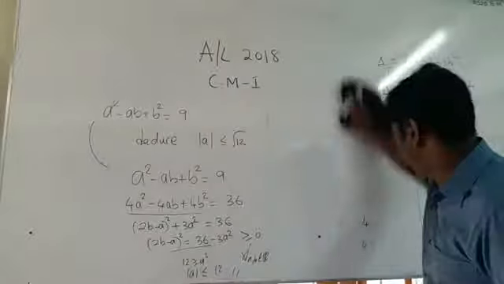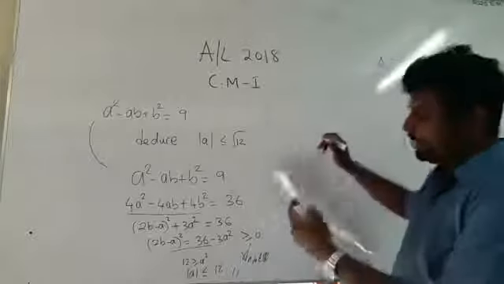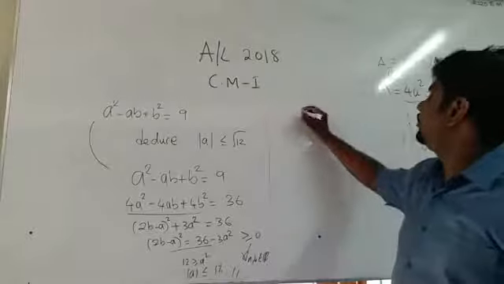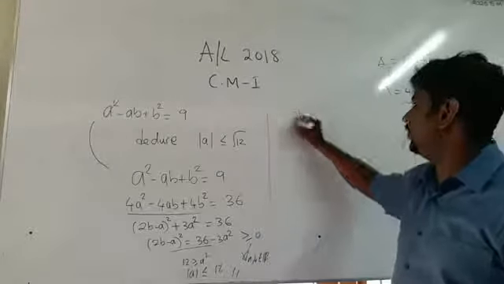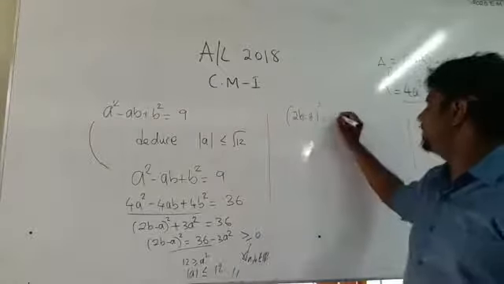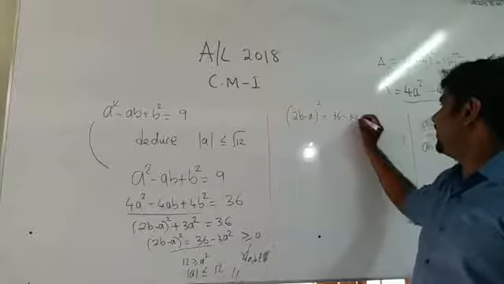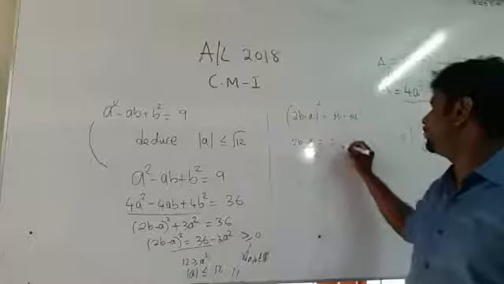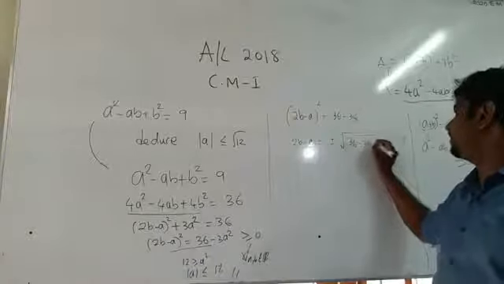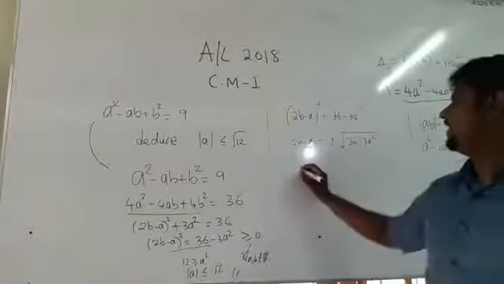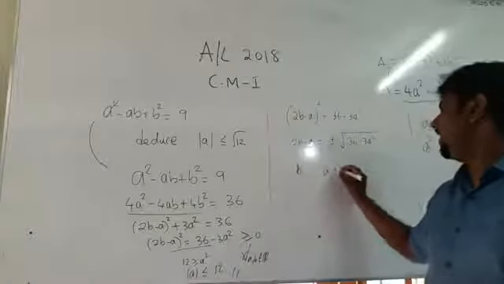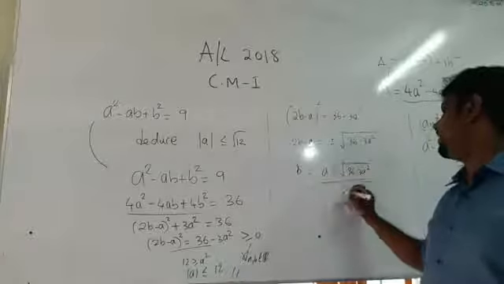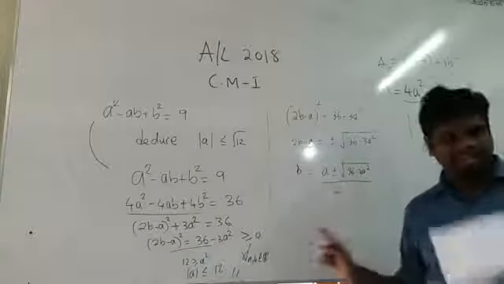What they ask is to find B in terms of A. So 2B minus A all things square equals 36 minus 3A square. That's fine. Then 2B minus A equals plus or minus square root of 36 minus 3A square. Then B equals A plus or minus square root of 36 minus 3A square, all divided by 2. That's right. B in terms of A.